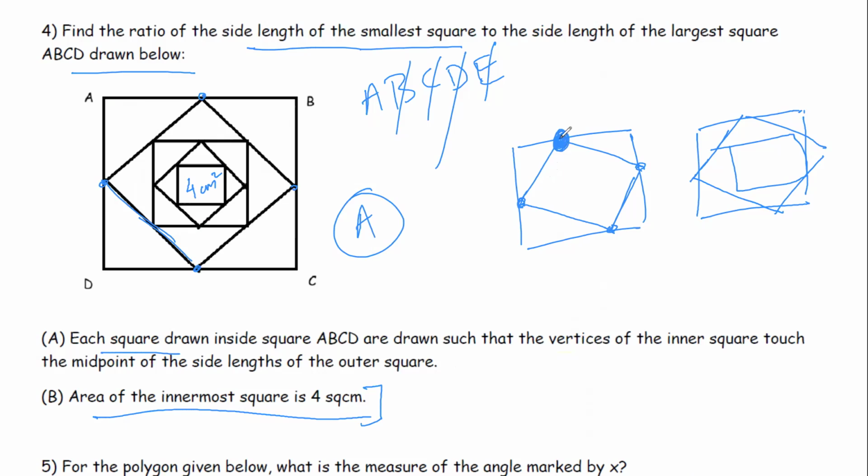So the midpoint property is not a property that we can use, because we can get to the answer whether or not it is the midpoint. As long as it's touching and we know that they're all squares, we get the answer. But with the second statement, we don't know for a fact whether the second, third, and fourth are squares. So that's the argument for choosing A as the answer and not B. All right, moving on.